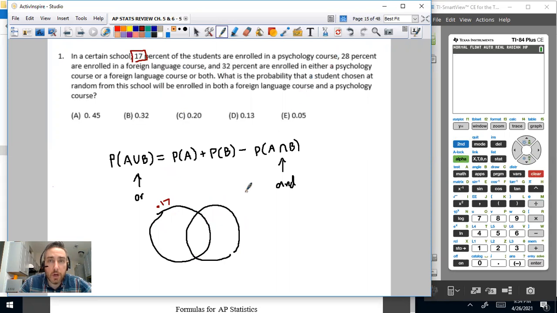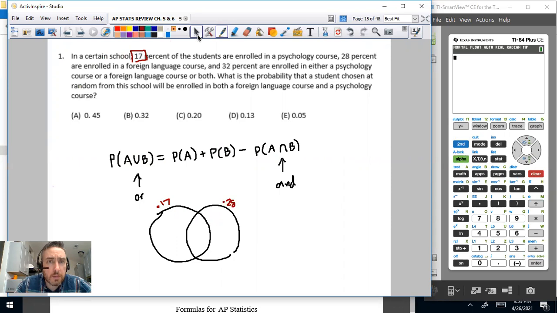And then you have 28% representing a foreign language course, and 32% is either or, right? So we have the whole thing. The thing that we don't have is the overlap. So what we can do to get that overlap is add these two together and subtract the or, and we can figure out what that overlap is.